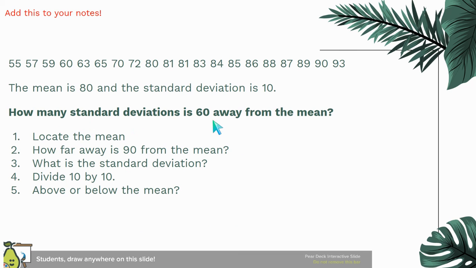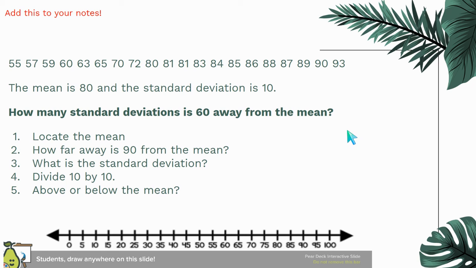Now, how many standard deviations is 90 away from the mean? So first locate the mean and locate 90. So how far away is 90 from the mean?